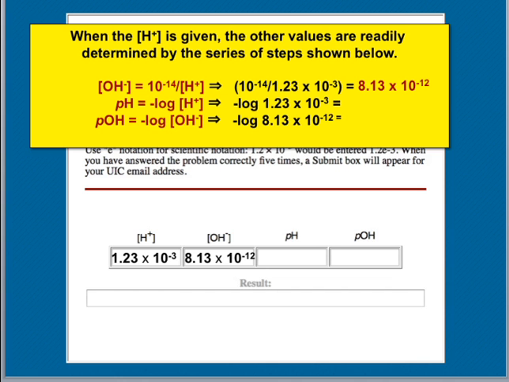Just take its log, change its sign, and it's about 2.9. And our third one, we could do this two ways. We could take 14 and subtract 2.9. That's the easy way. Or we could take our hydroxide, take its negative log, and wind up with about 11.